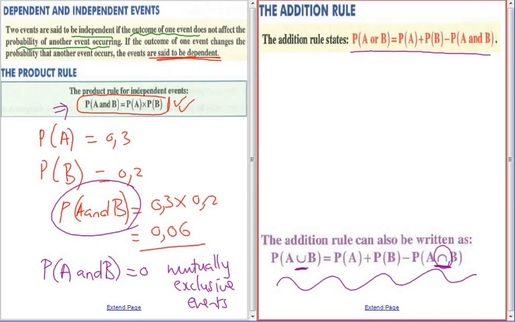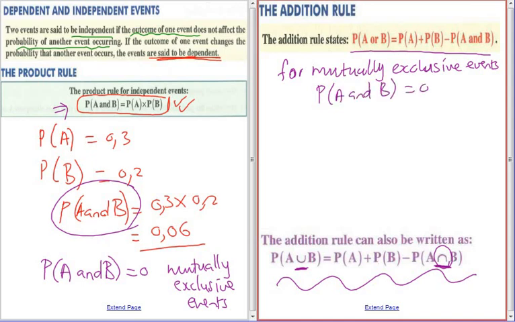So let me just say for mutually exclusive events, there is something that we already know. What do we remember about mutually exclusive events? Well, they cannot take place at the same time, and the probability of A and B is equal to 0.